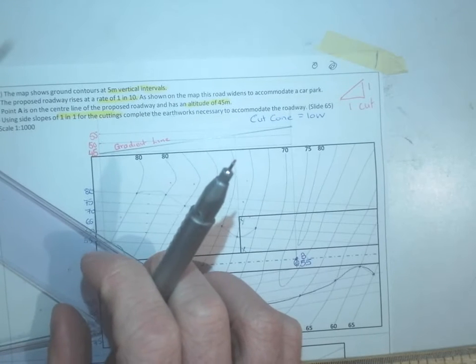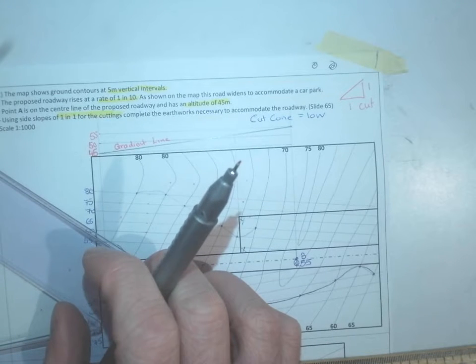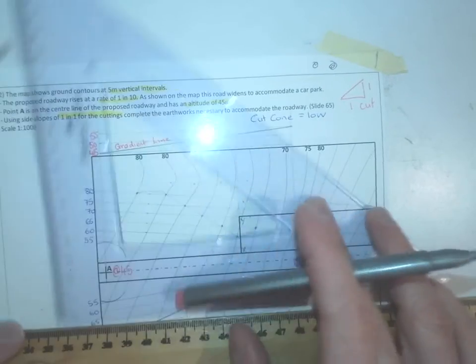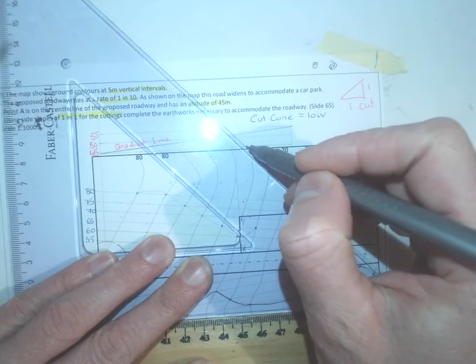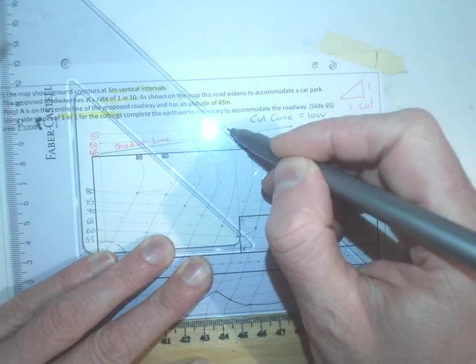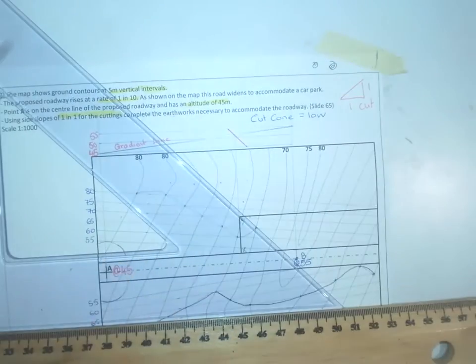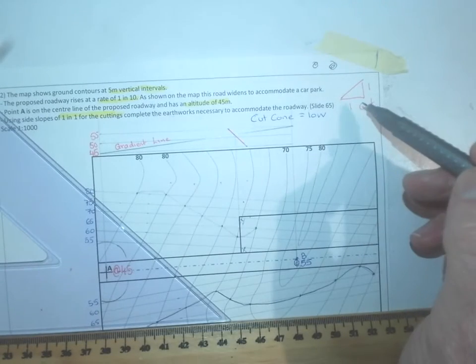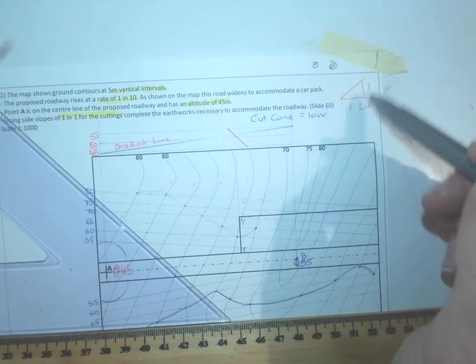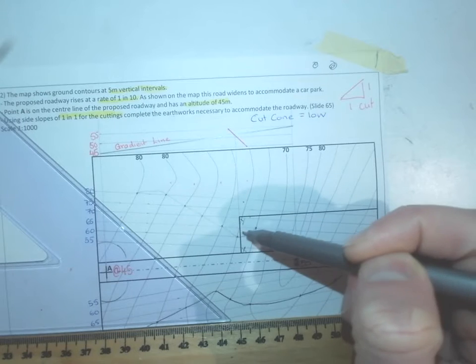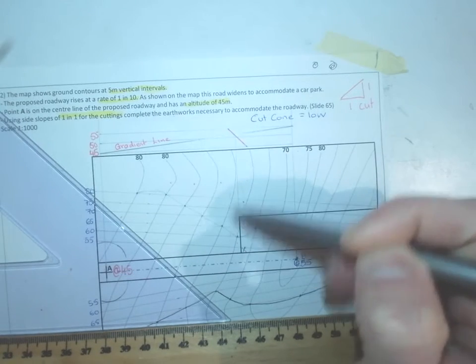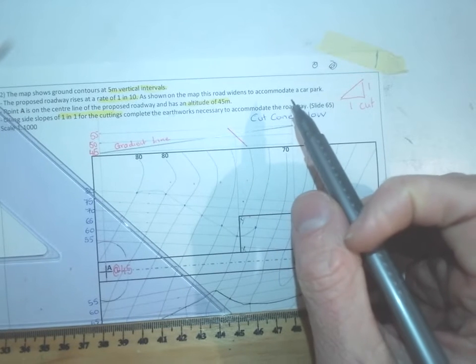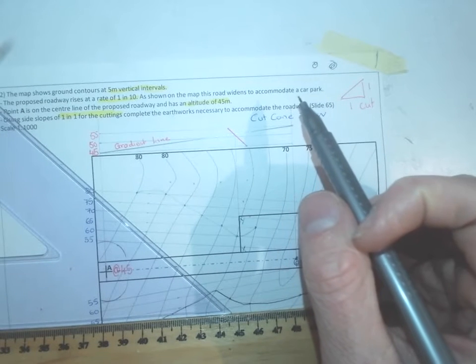So we're going to draw a line at 45 degrees through that point. Because what we're doing is we are applying the cut ratio, cut angle to that height just to see where our heights will be. Just keep going with the process if it's not making much sense.